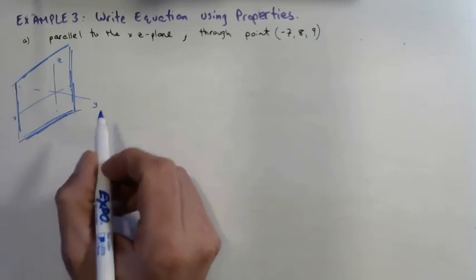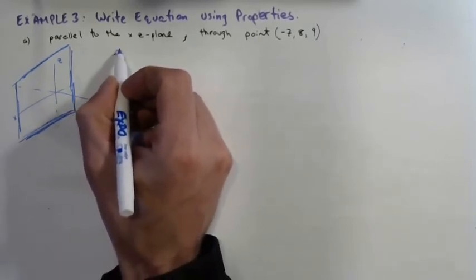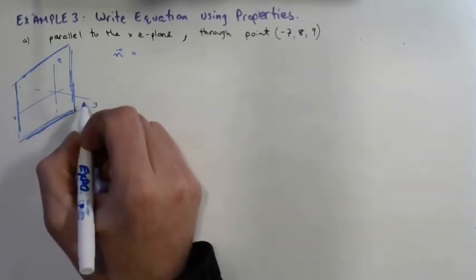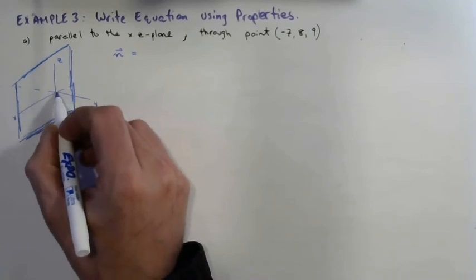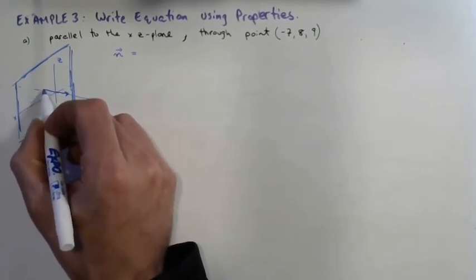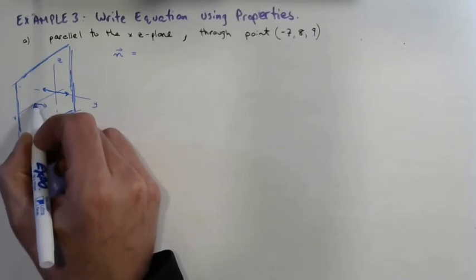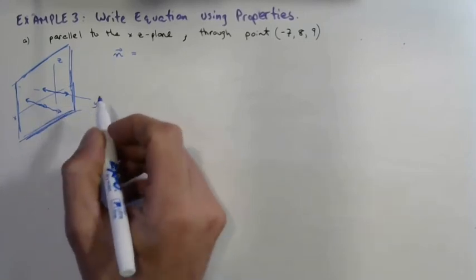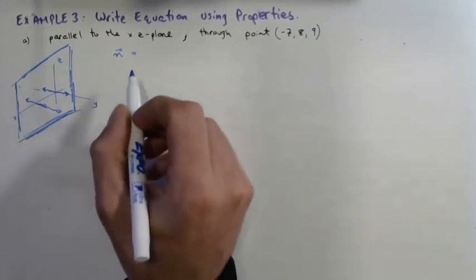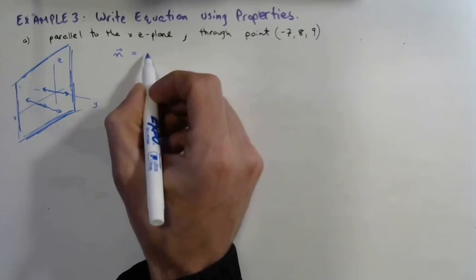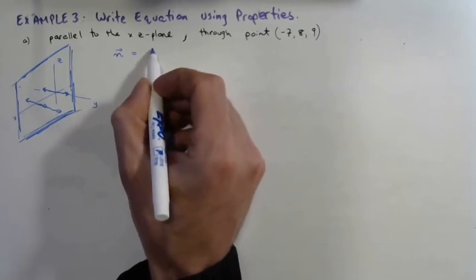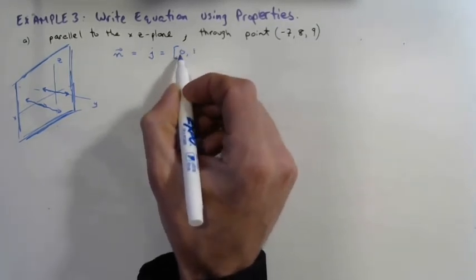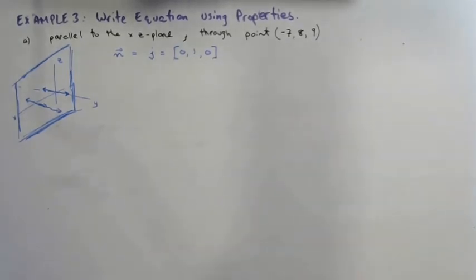So one possible normal to this plane would be the unit vector along the y-axis, and any multiple of it. You can come forward from this or backward from this. Whatever it is, some multiple of this unit vector along the y-axis is going to be normal to the plane. So our normal vector here is j, and j has the position vector (0, 1, 0).